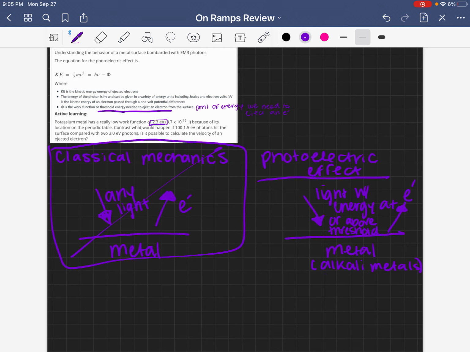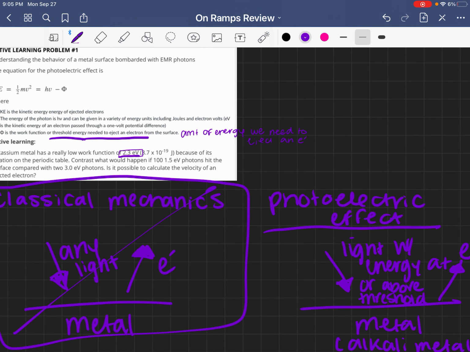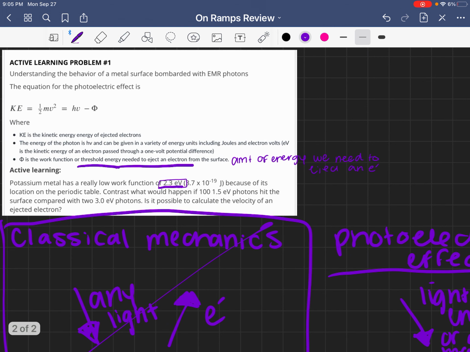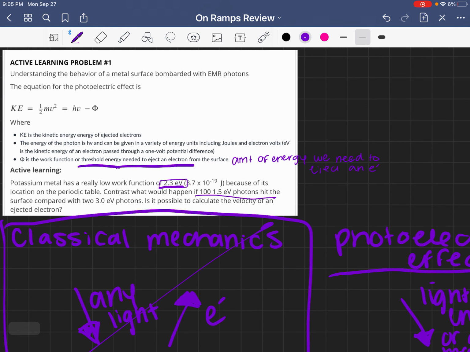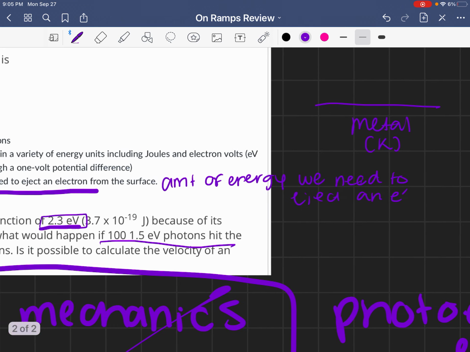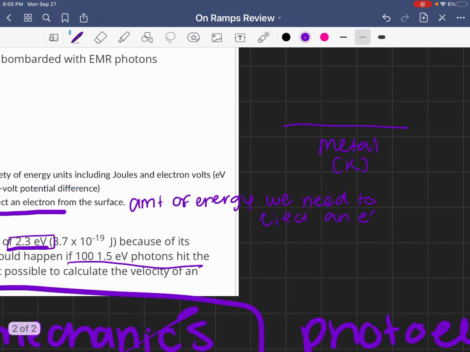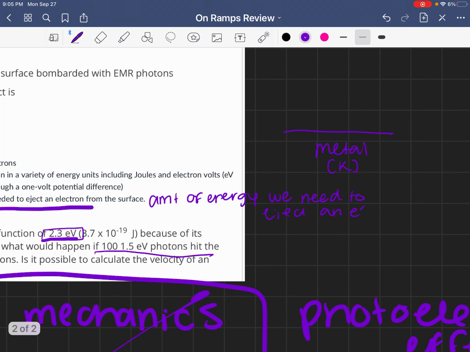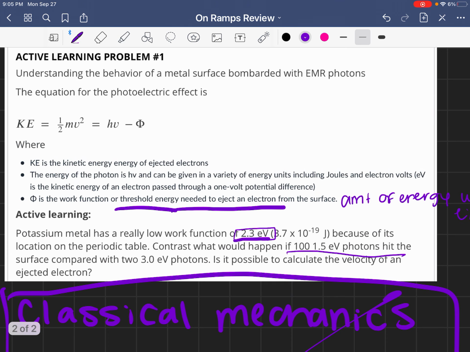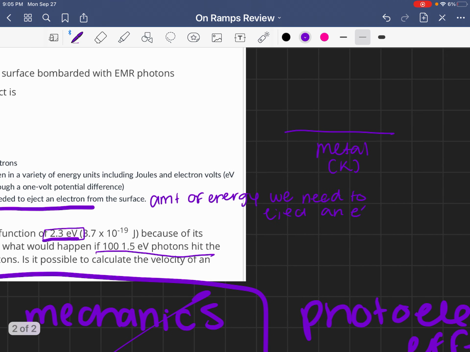Okay, so moving on. It says contrast what would happen if you had 100 1.5 eV photons hit the surface. So let's draw that out real quick. So we have a metal, which is potassium, with the work function, which is this little symbol over here, of 2.3 eV.